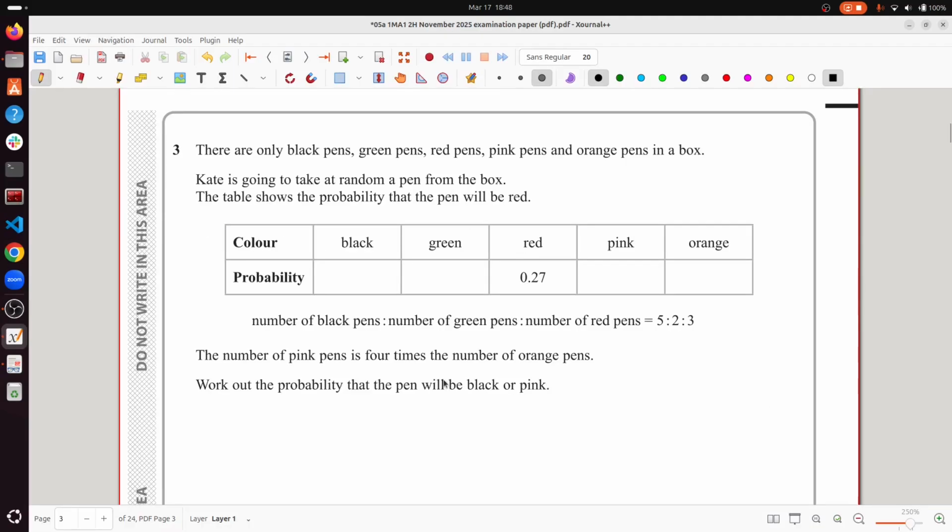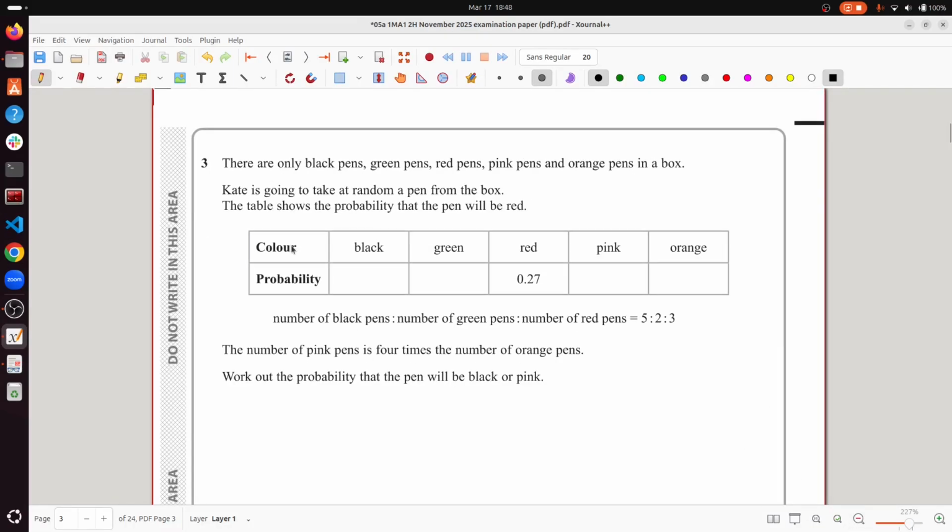Simplified form. Number 3 says there are only black pens, green pens, red pens, pink pens, and orange pens in the box. And Kate is going to take at random a pen from the box. The table shows the probability that the pen will be red. So this is the table that shows that it will be red.